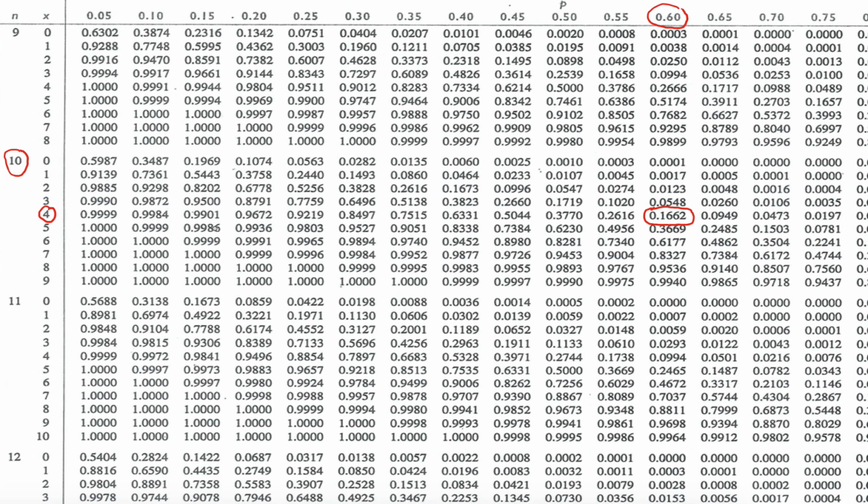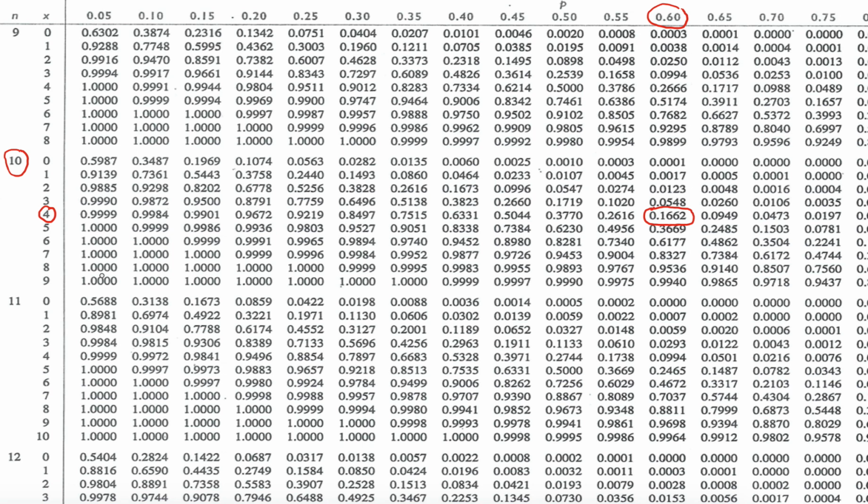So if you get something that's not in the list of p's here, or not in the list of n's, then you really don't have a choice other than finding some other table that might have it, or you might have to rely on software like Excel.